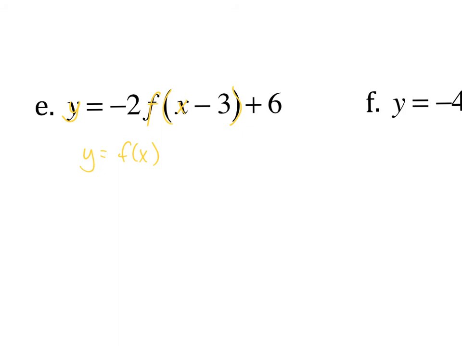Next, I need to start interpreting what's happening here. The negative means it's going to be a vertical reflection. On top of that, the 2 here means I am going to also vertically stretch it by a factor of 2.